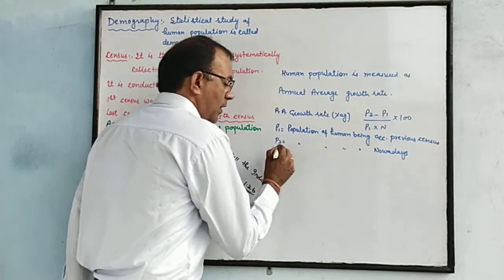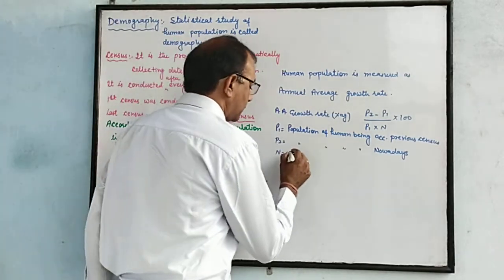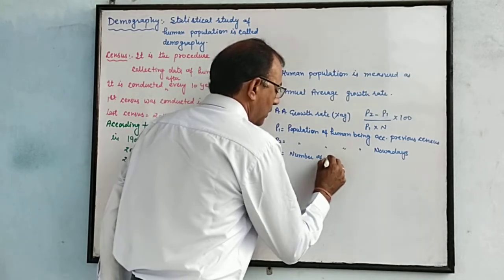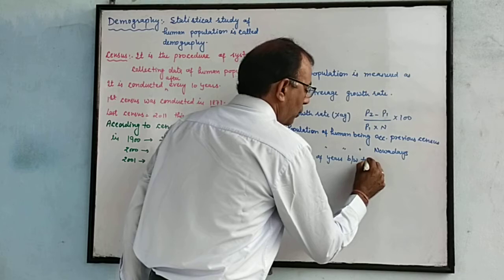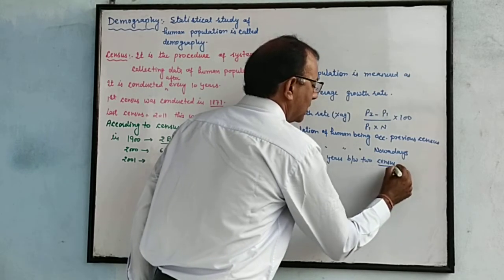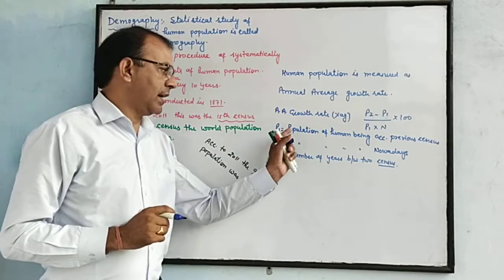N stands for the number of years between the two censuses.